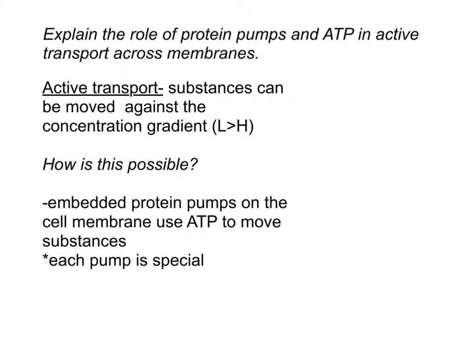This is only possible because of the protein pumps embedded in the membrane, which are used in active transport to move substances across using ATP. Each protein pump only transports certain substances, so the cell controls what comes in and what goes out. So each pump is special, so it has its own special purpose in active transport.